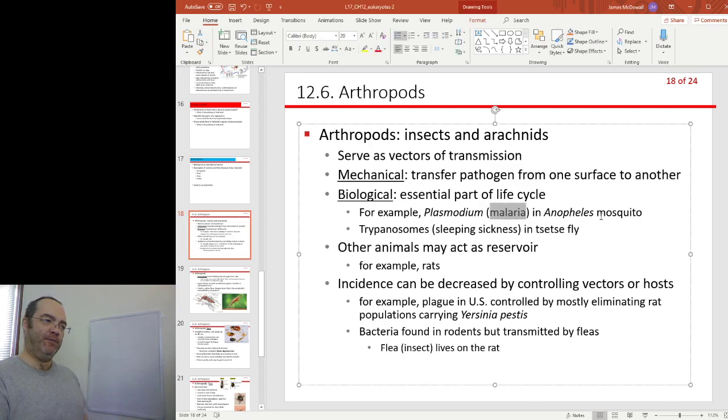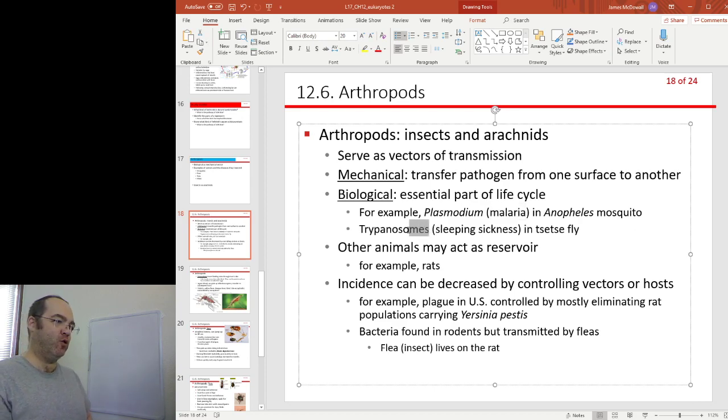Anopheles mosquitoes are the only mosquito that can transmit this disease because throughout a very long period of time, the malaria parasite has formed this relationship with the Anopheles mosquito, and it has to be picked up by this particular mosquito because inside the mosquito, the malaria parasite has to complete part of its life cycle.